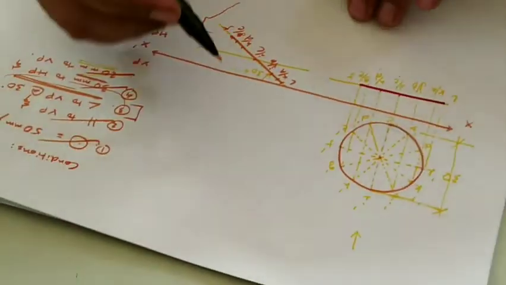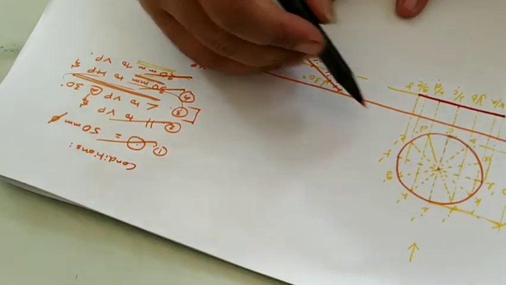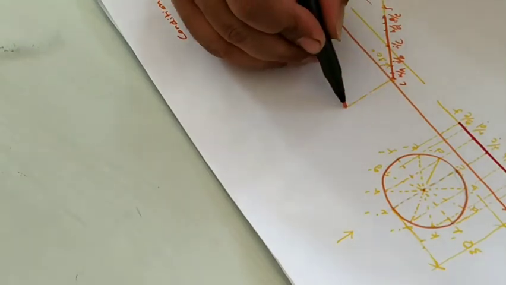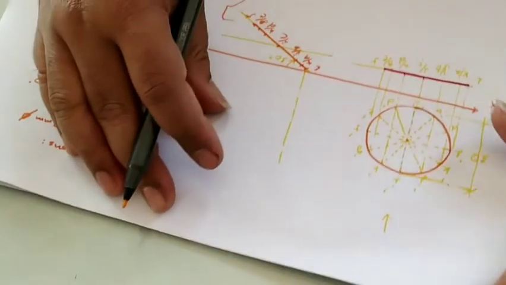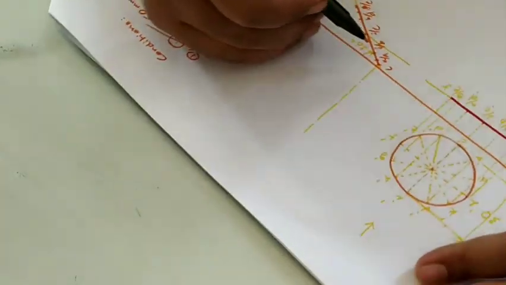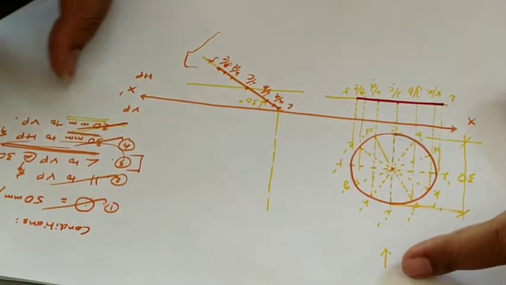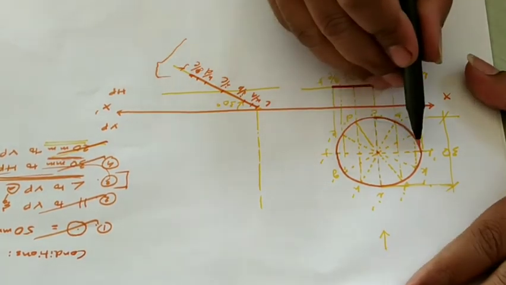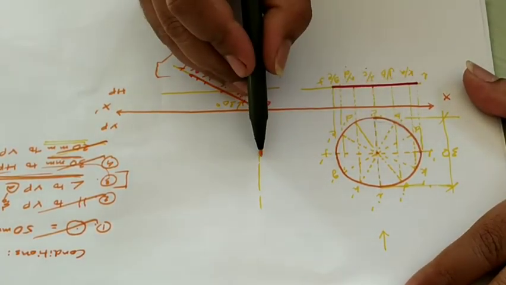Now we take projection from all these points. First of all, we start with say point C, point L, and from here also from point L, now you can take the projection.